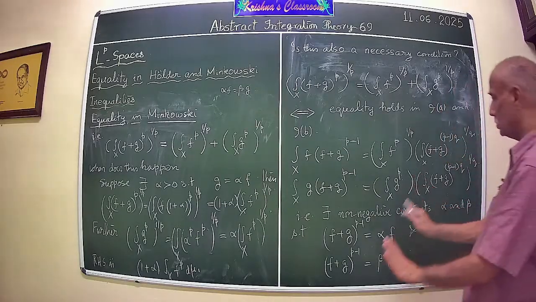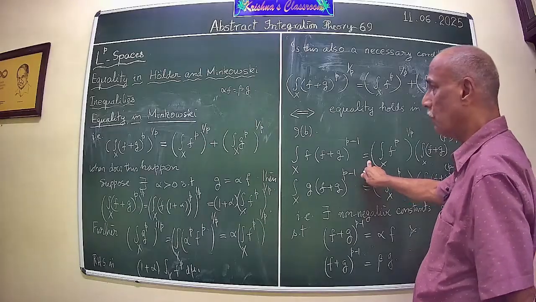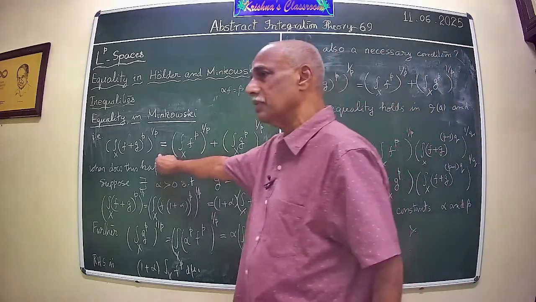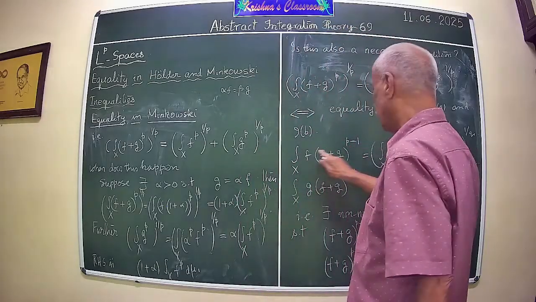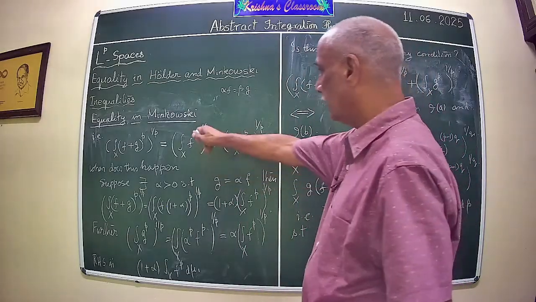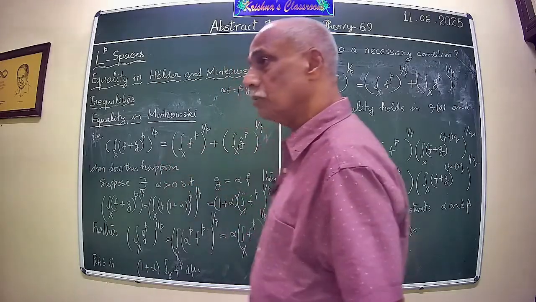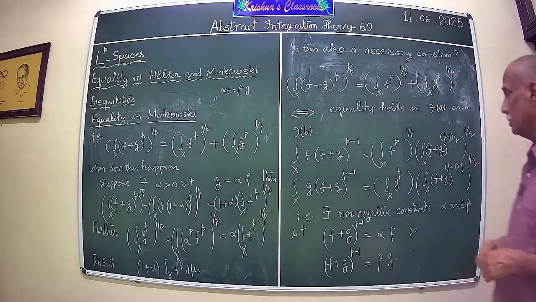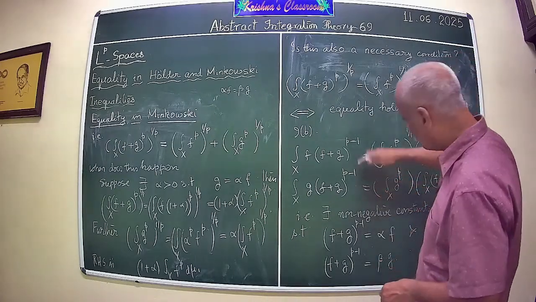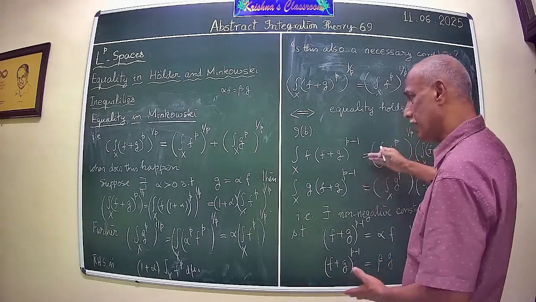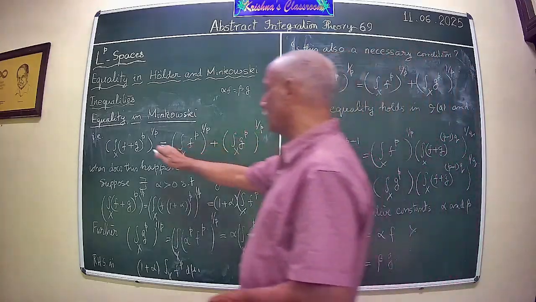Suppose it is not true, then one of them is going to be a strict inequality. A strict inequality means that you are going to have strict inequality, because this is the crucial inequality that we are going to apply in obtaining this inequality. Just analyze the proof of the Minkowski inequality. So if equality prevails here, then only you will get equality here.